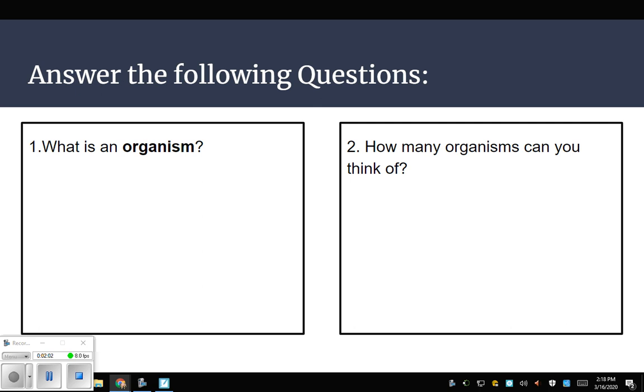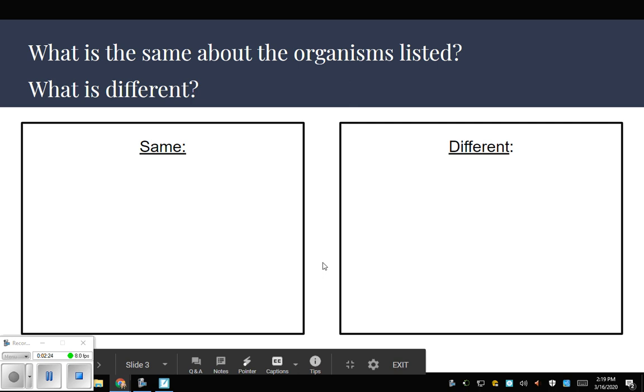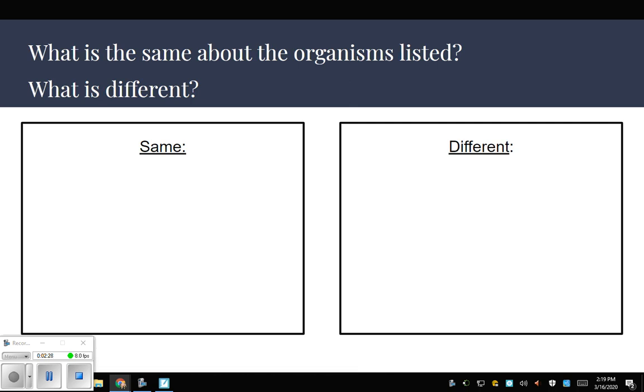One of the things we need to understand is the differences between organisms, and maybe there are some similarities as well. So what is the same about the organisms you have listed on your paper, and what is different?